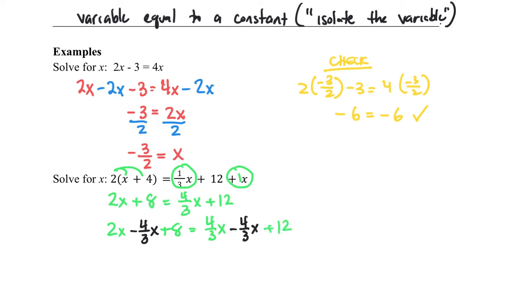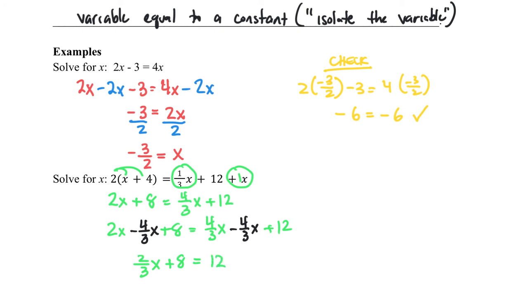Okay, so on the left-hand side, I get 2x minus 4/3 x, which is going to leave me with 2/3 x plus 8 equals, and then on the right-hand side, 4/3 x minus 4/3 x is 0, so I'm left with just 12.